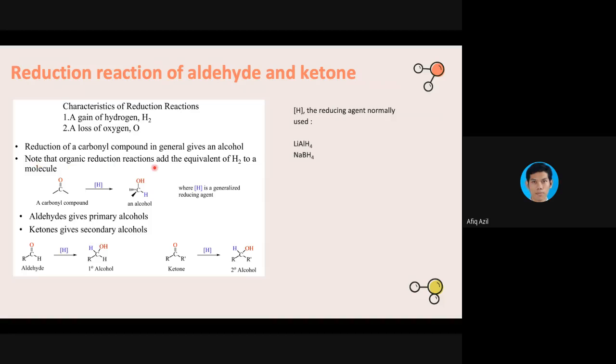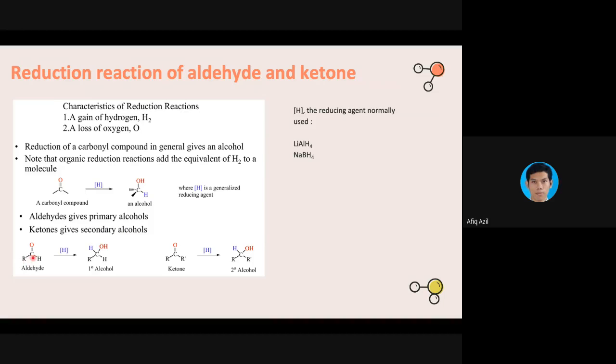Note that organic reduction reactions add the equivalent of H2 to a molecule. So this will be your carbonyl compound, and then you have this reducing agent. This H in brackets is a generalized reducing agent. Then you are going to end up with alcohol. Aldehyde will give you primary alcohol, while ketones will give you secondary alcohol.